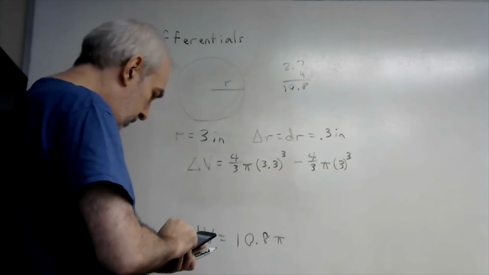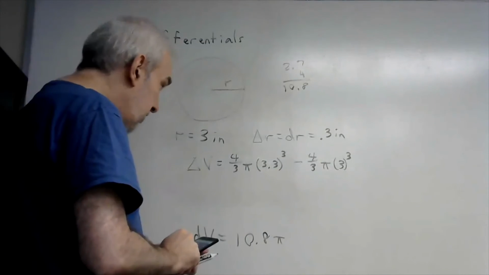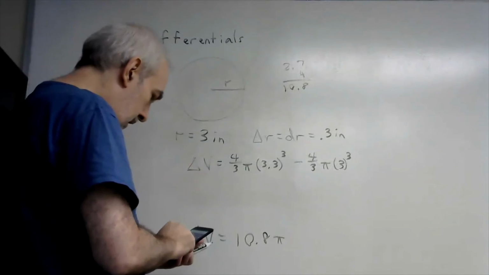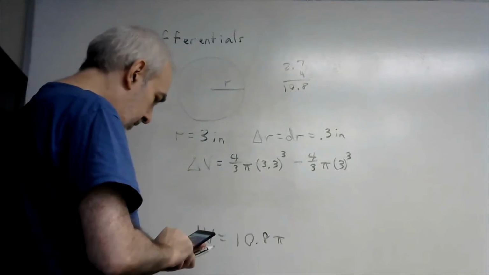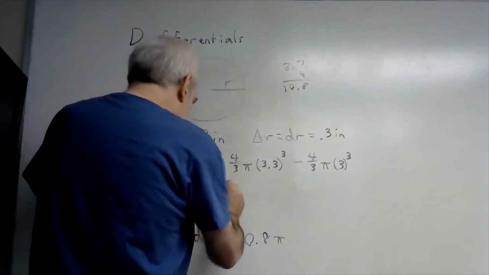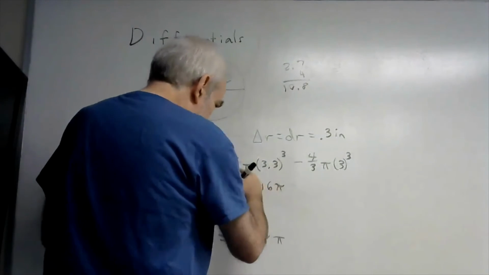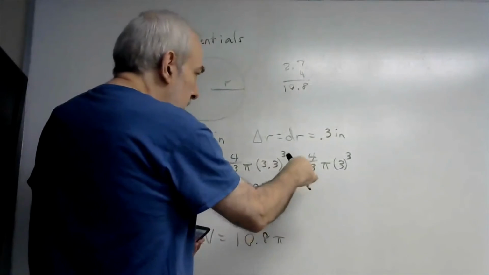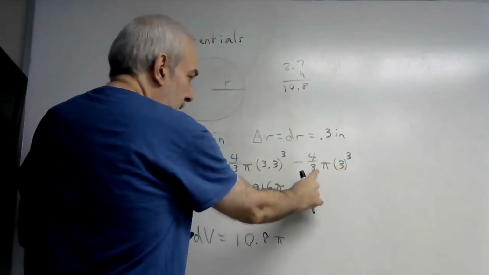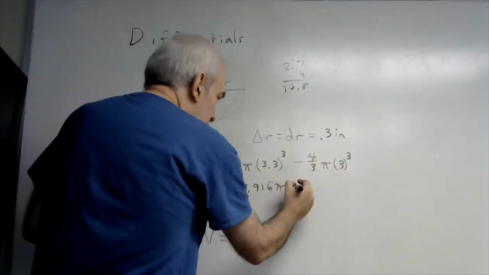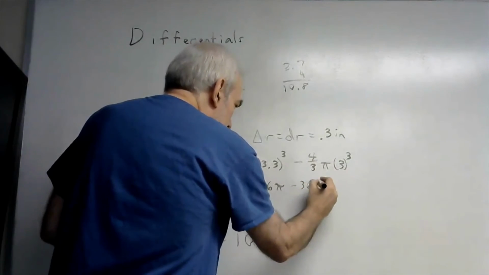Okay, so 3.3 cubed times 4 divided by 3 is 47.916, and then times a pi. 3 cubed is 27. 27 divided by 3 is 9. 9 times 4 is 36.